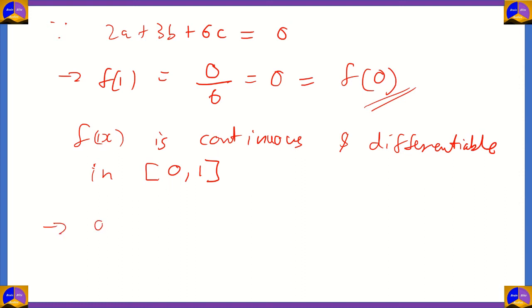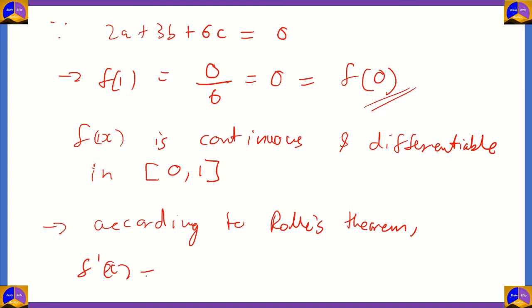So therefore, according to Rolle's theorem, you can write f dash x as equal to 0.